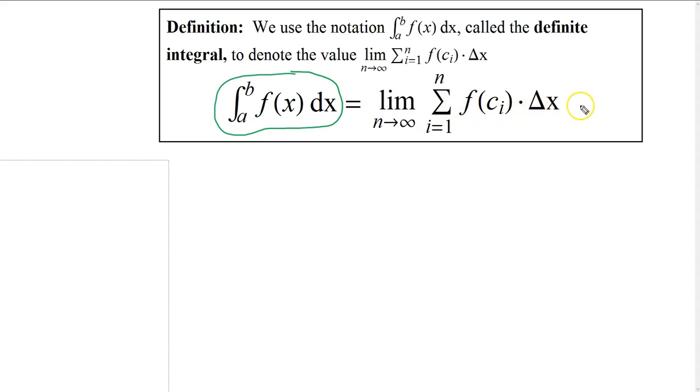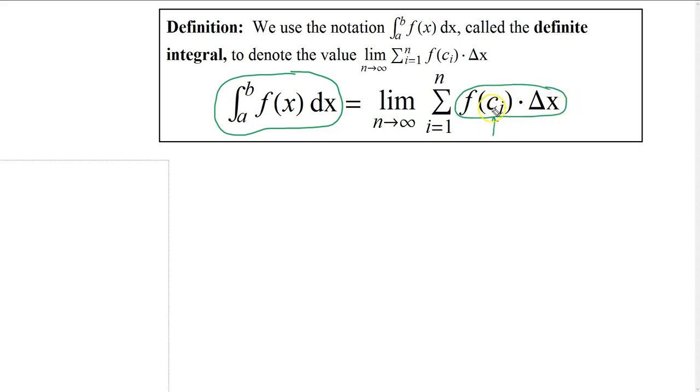And it's important to note that from the previous theorem, for our approximating sums, it does not matter where we pick the ci values in each subinterval. And remember, the f of ci represents the height of our rectangles, and then when we multiply by delta x, this quantity represents the area of a rectangle.